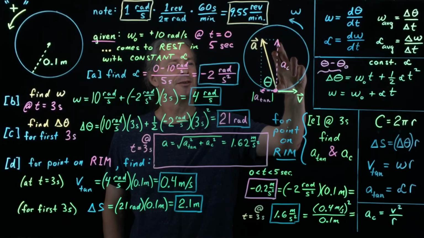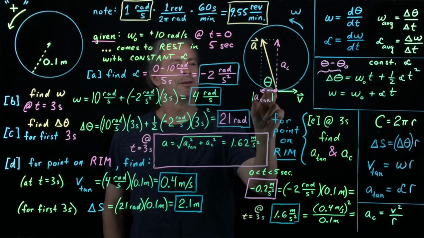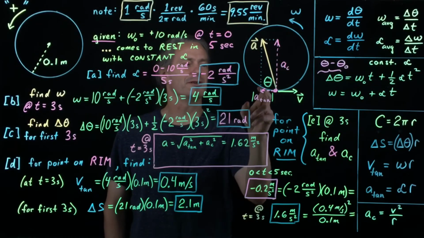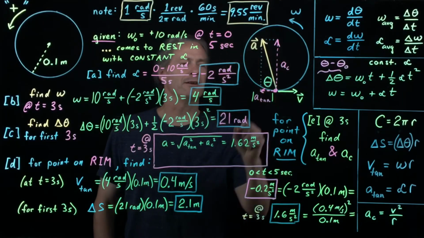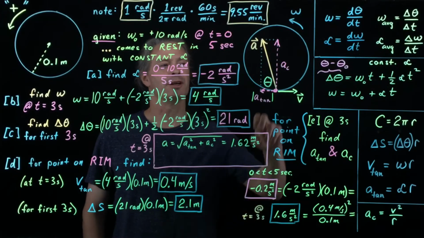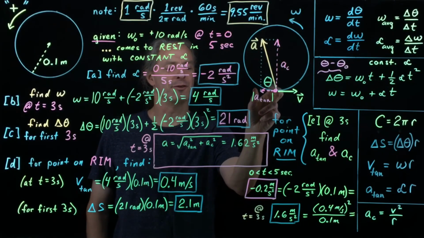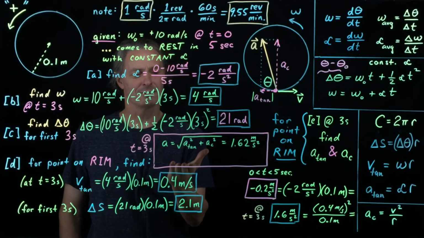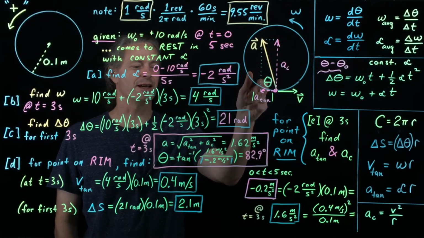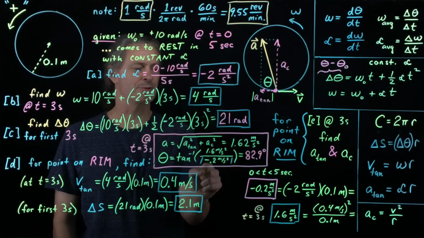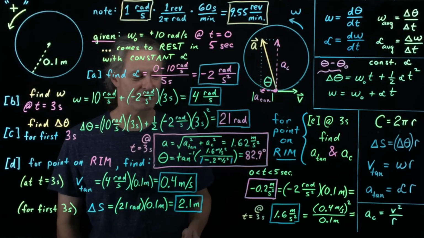So I could take this divided by this, that'll be the tangent of that angle, and then I could take the arctangent. So theta will be the arctangent of the ratio this over this. And I can put that here, and that gives 82.9 degrees for this angle here. I put this in absolute values in order to get a positive angle.